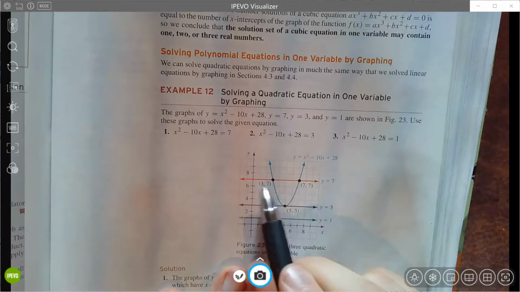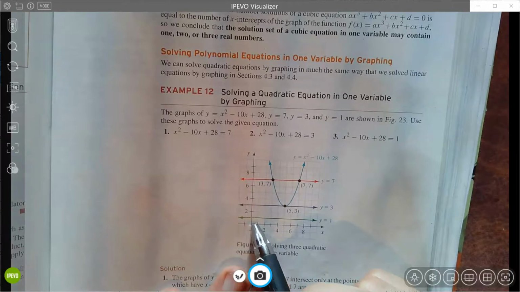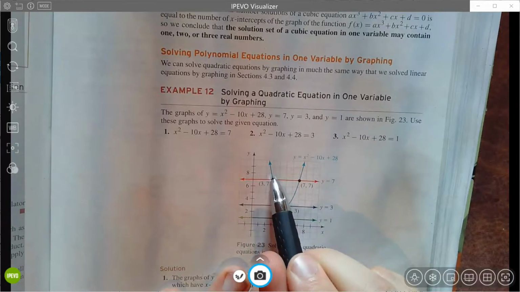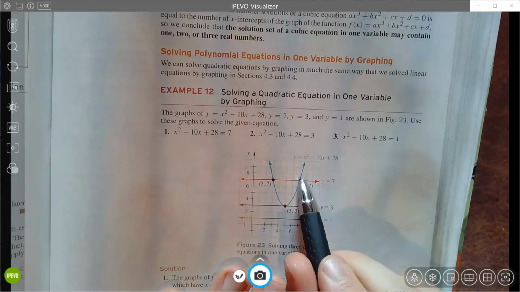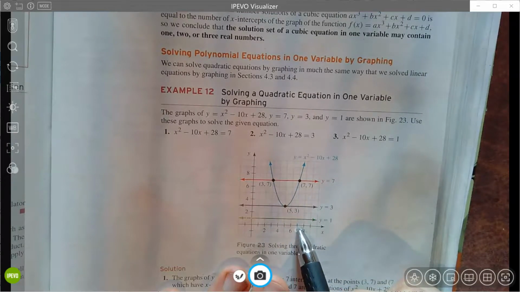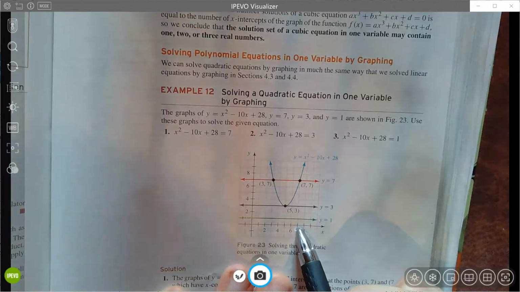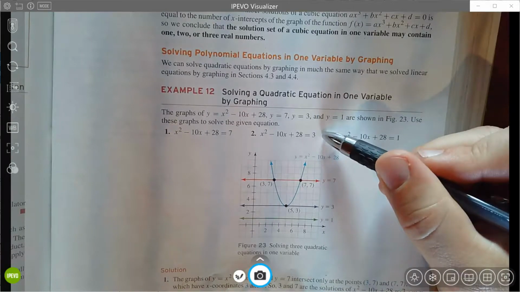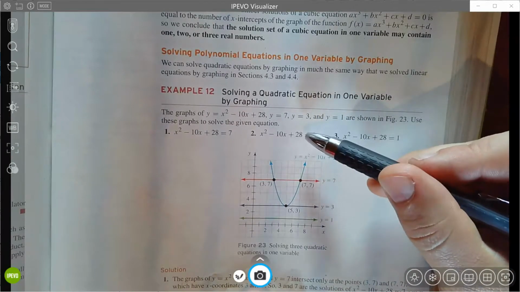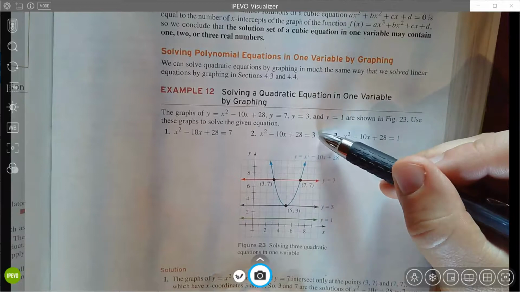All right, if those points weren't explicitly given, you would just have to look at your x-axis and see where they cross. Well, they cross at 3 on the x-axis, and at 7 on the x-axis. All right, see if you can do number 2 now. Okay. The left side again is the blue curve. The right side now says 3.